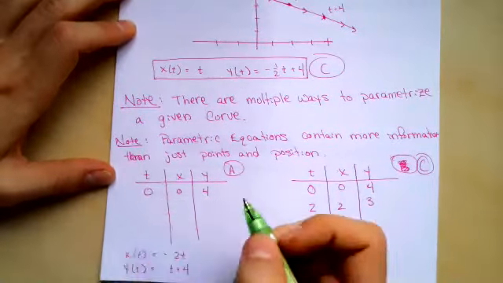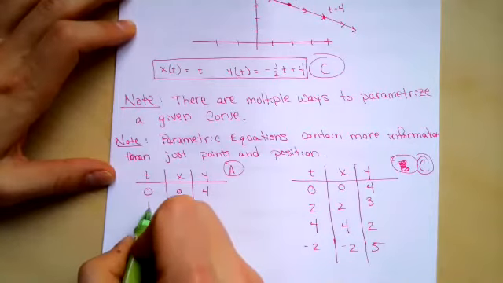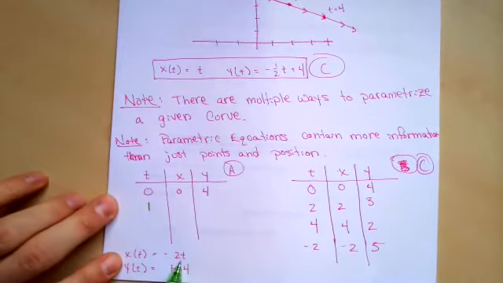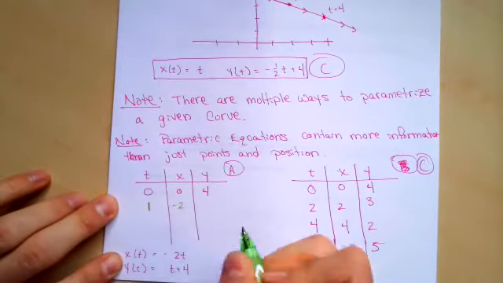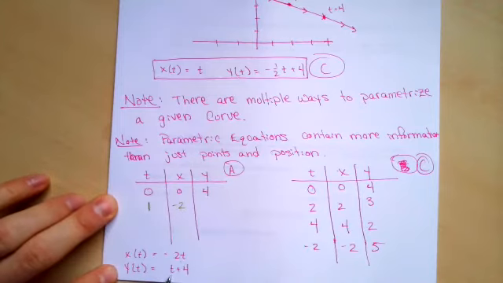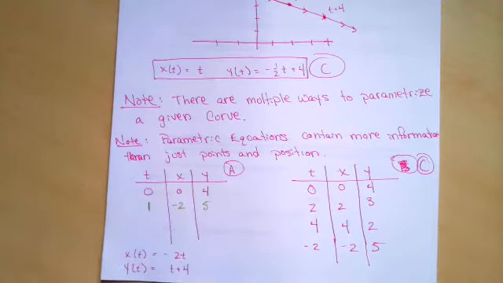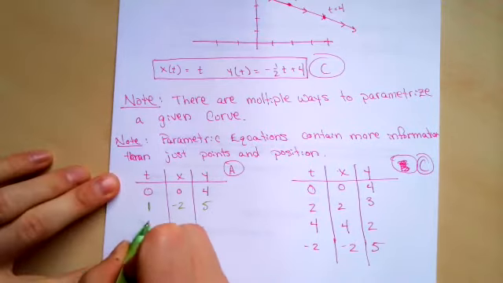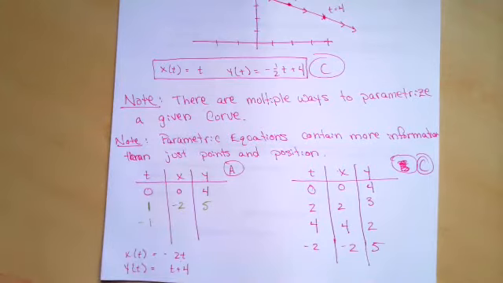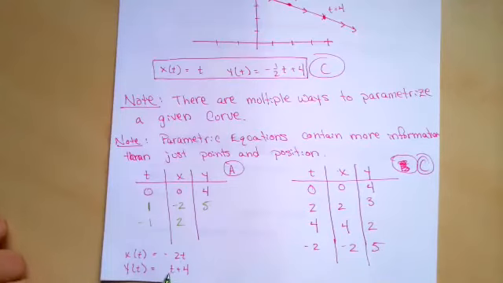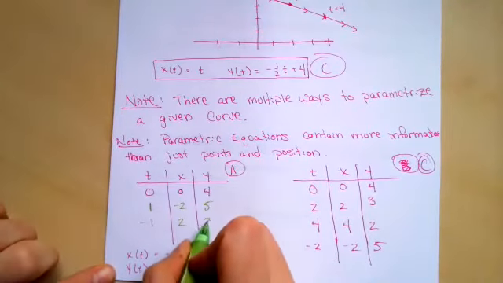What happens when t is 1? Well, now my x value is -2, and my y value is 5. What happens when t is -1? My x value is 2, and my y value is 3.